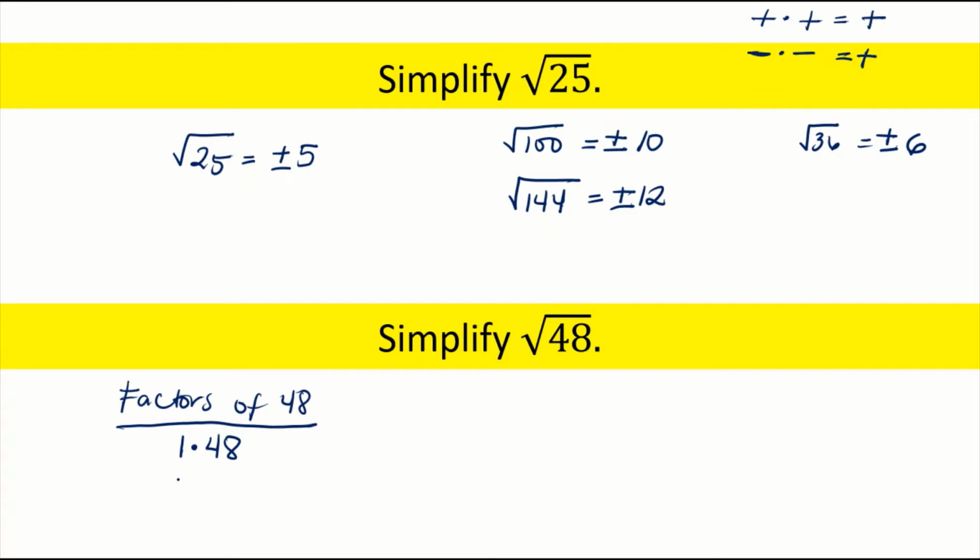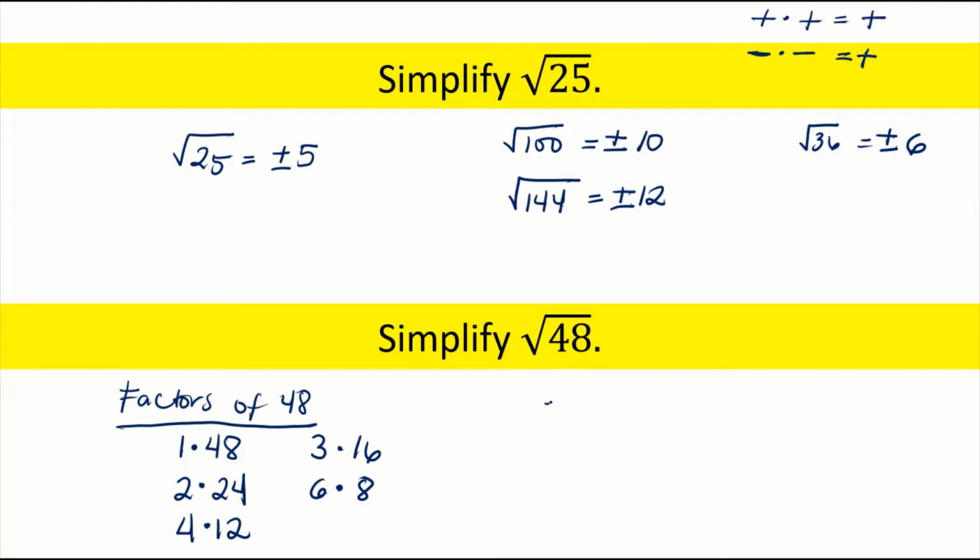We have also 2 times 24, and 4 times 12. Are there more factors of 48? We still have 3 times 16, and 6 times 8. Are there more factors of 48?